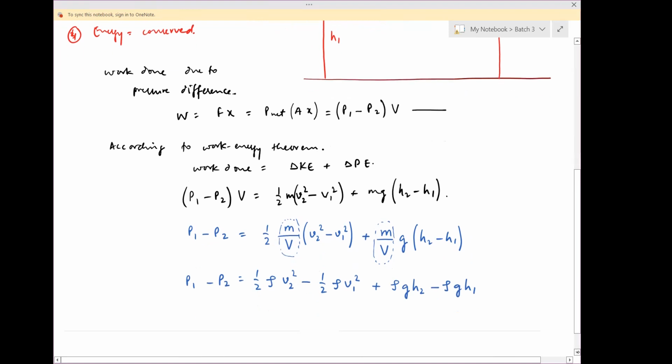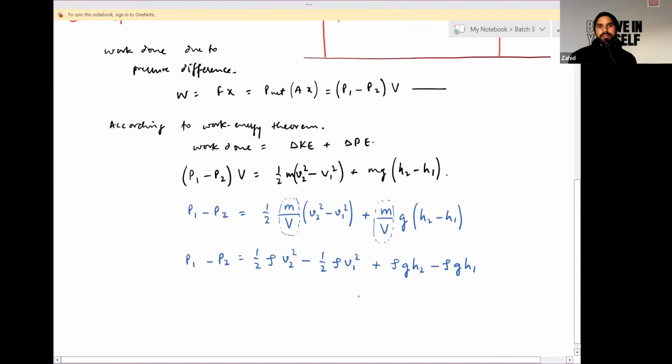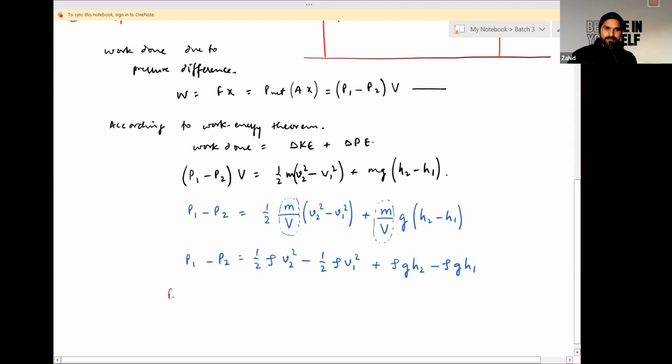Yes, sir. Okay. Now just rearrange this equation to keep the same subscript to one side and the rest to the other side. So we can write this expression as P1 plus half rho V1 square plus rho g H1 equals P2 plus half rho V2 square plus rho g H2.